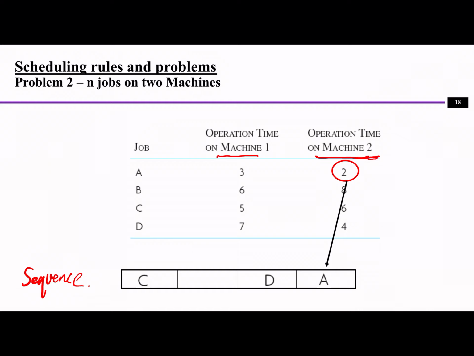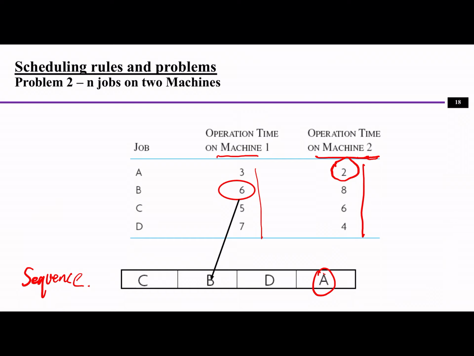If it is on the second machine, we put it last. This 2 is actually job A, so that's why we put job A last. Understand? The smallest number of the 2 columns is 2, it's on the second machine, so we put it last.